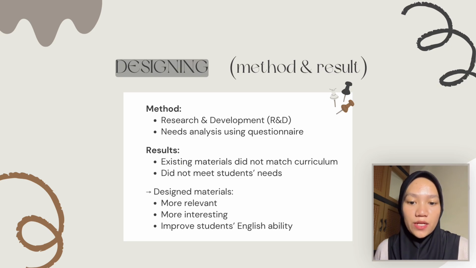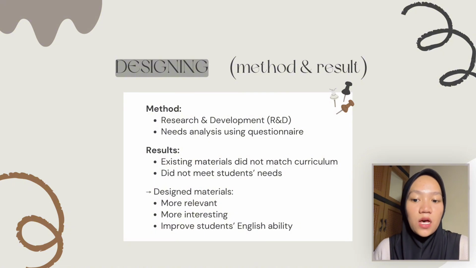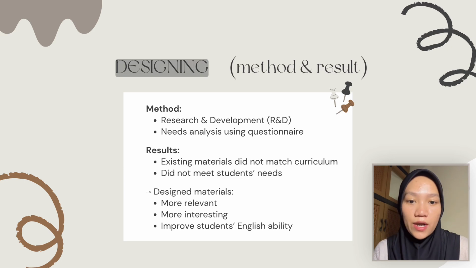Therefore, new materials were designed based on these findings. The final result showed that the new materials were more relevant, more attractive, and more effective in improving students' English proficiency. This proves that designing material based on students' needs is very important.